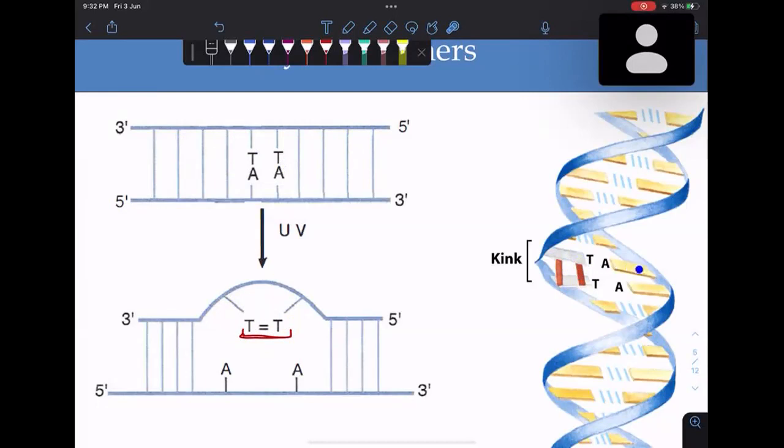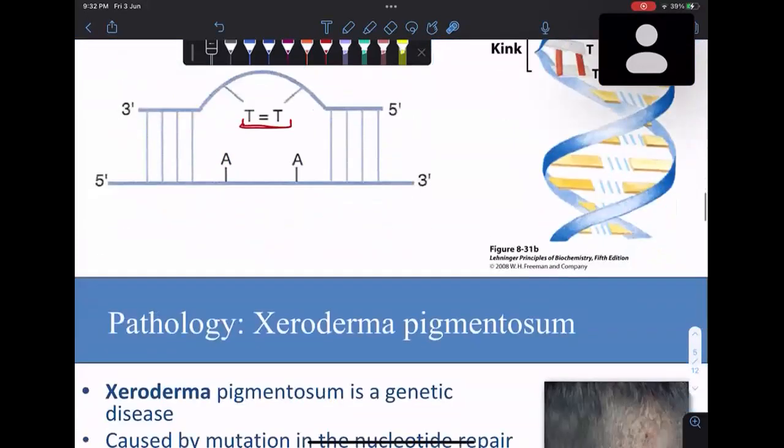Parallel would be on the other strand of the DNA, but we're talking about two adjacent thymine molecules that get stuck together and form this kinking in the DNA molecule.